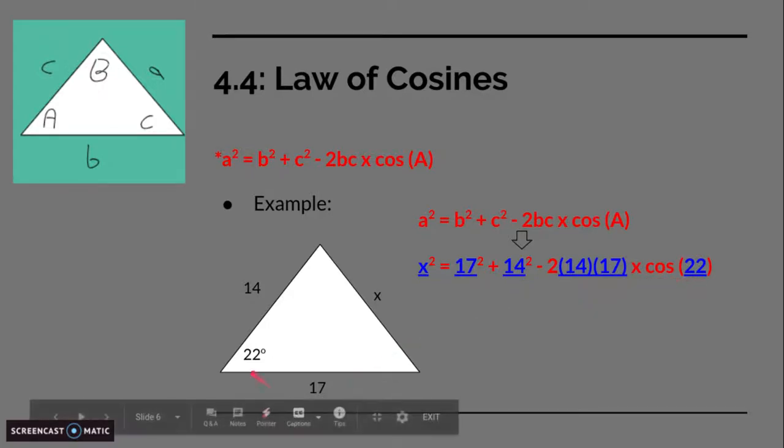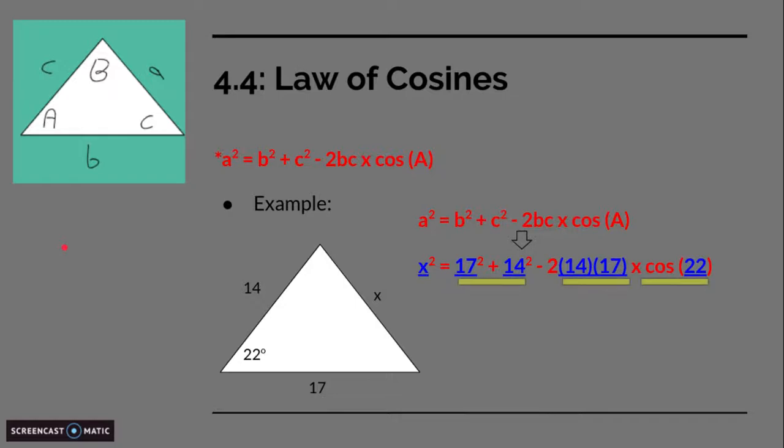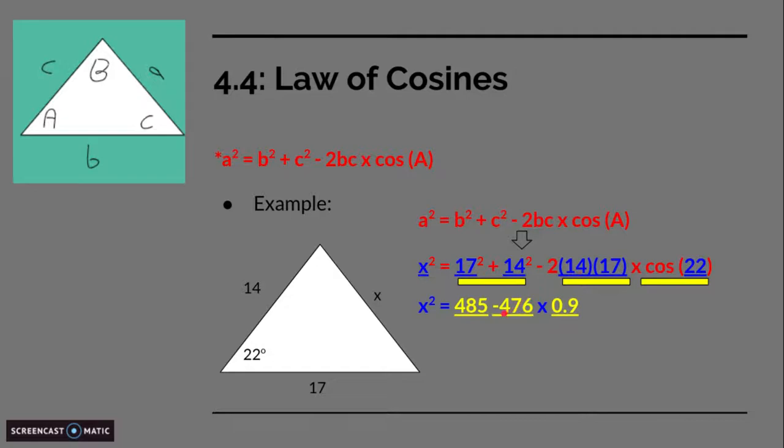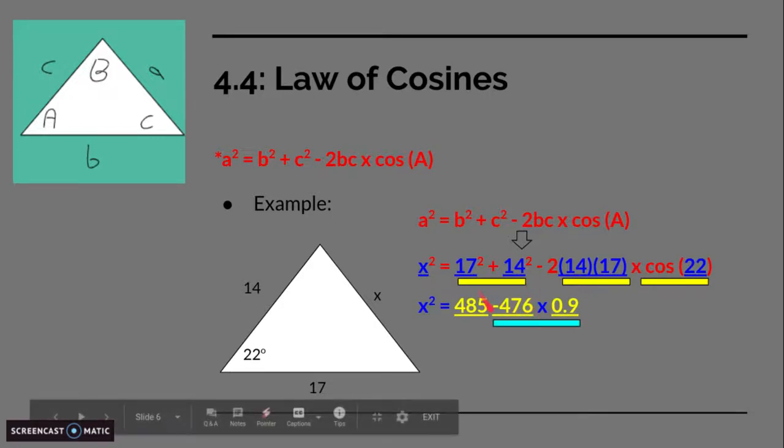And then the 22 is that reference angle, which happens to be the uppercase A. Then after that, we need to just simplify some things and solve for each thing that we know. So that turns into 485, that turns into negative 476, and that turns into 0.9 simplified.